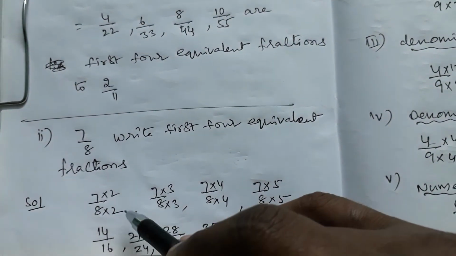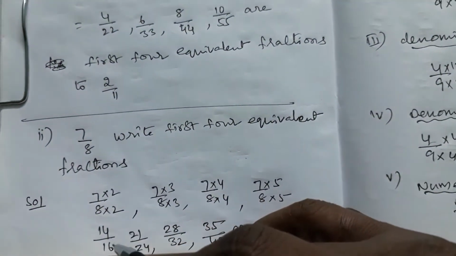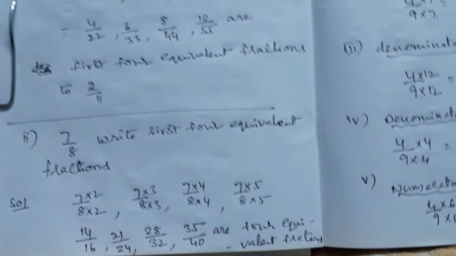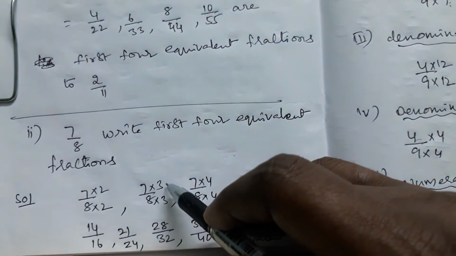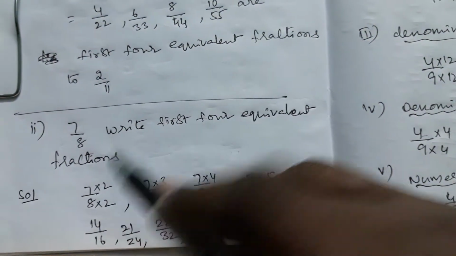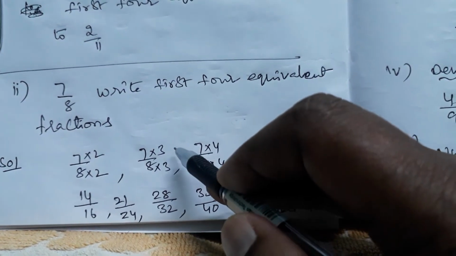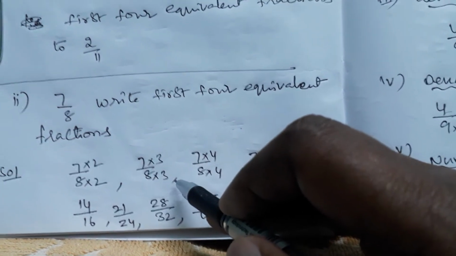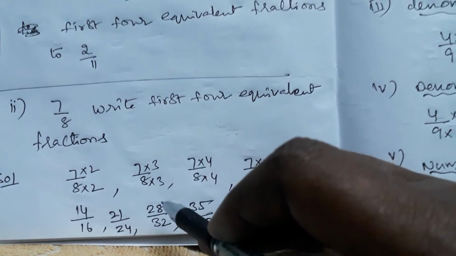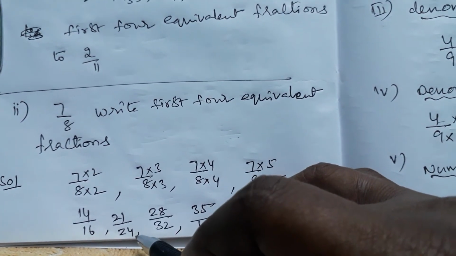Both numerator and denominator multiply with the 2 table, 14 by 16. Now 3 table. To get the next equivalent fraction, multiply numerator and denominator with the next number, that is 3 table. You will get 21 by 24.